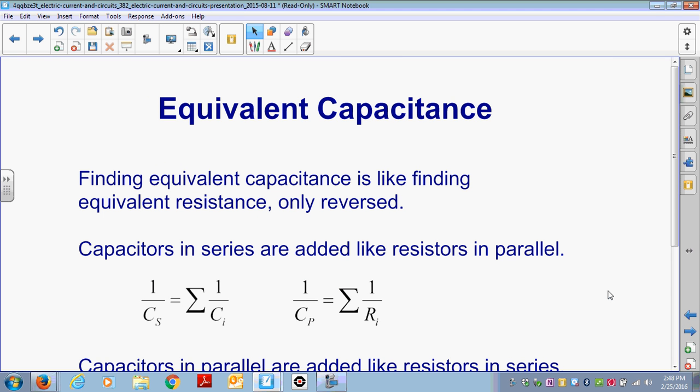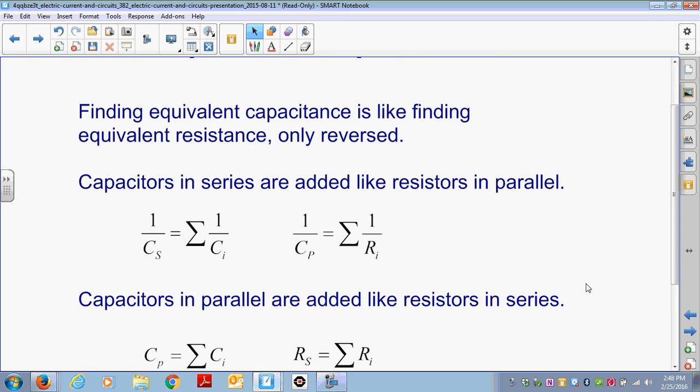Finding the equivalent capacitance is like finding the equivalent resistance, only reversed. In capacitors in series, you can see the relationship here. 1 over the total capacitance is equal to the sum of 1 over Ci, where we're counting from 0 to whatever value i of capacitors we have.